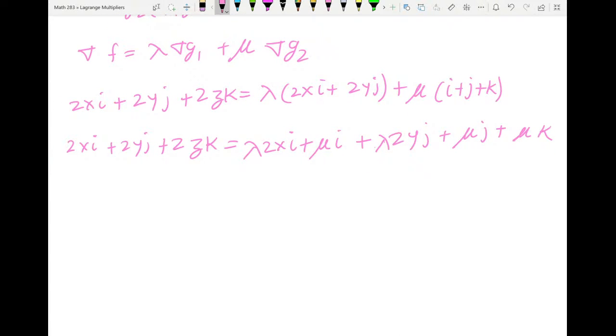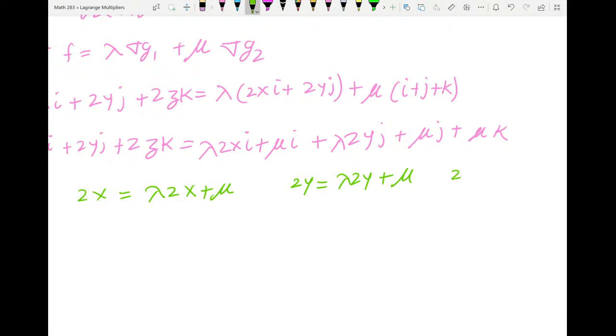So from that, we could say 2x equals lambda 2x plus mu, and then 2y equals lambda 2y plus mu, and the last one is 2z equals mu.